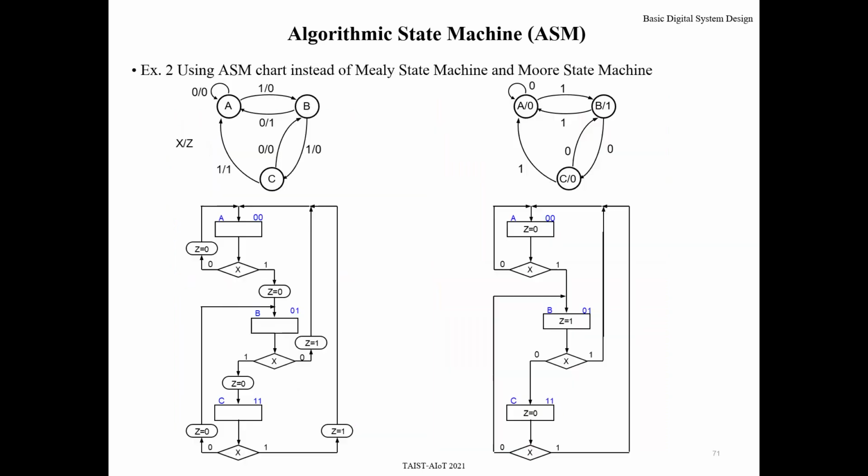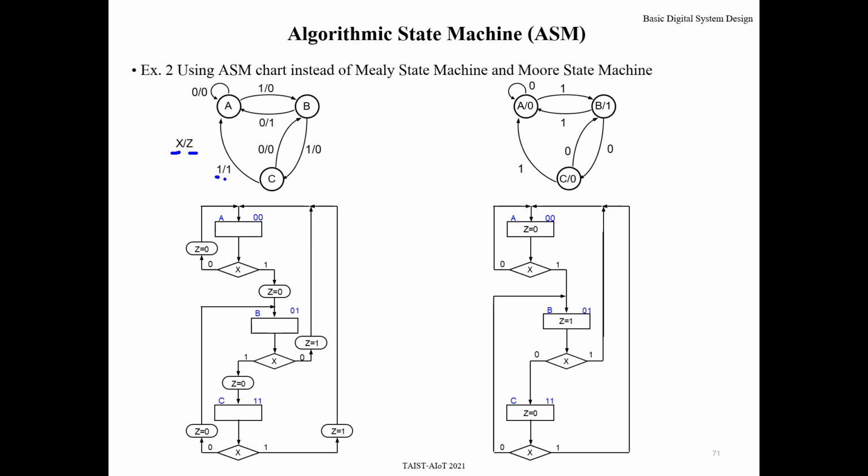Okay, the next one is to show how to convert from a state diagram to an ASM chart, or an ASM chart to a state diagram. For example, this one is a Mealy type state machine, right? F is input, Z is output.